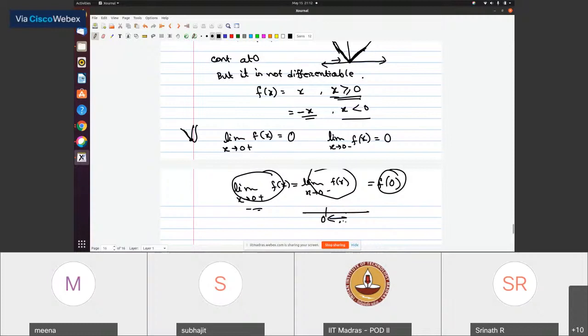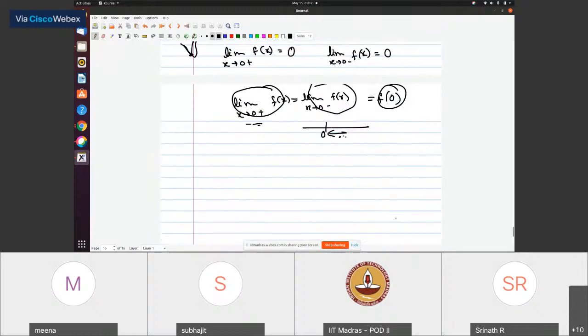See, here you can understand better. Limit x tending to 0 plus f(x). Suppose my x is half. What is the value of f(x)? It's half. Exactly.